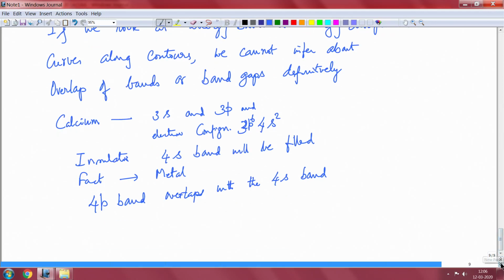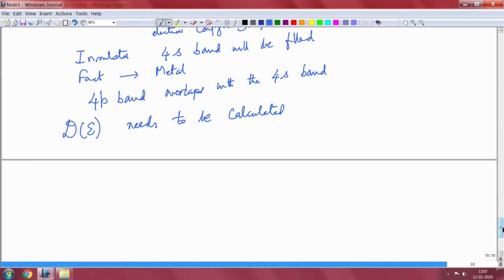Now let me see, what we really require is d of E needs to be calculated. In order to calculate d of E, what we require are constant energy surfaces in k space. So, what do you mean by constant energy surface?